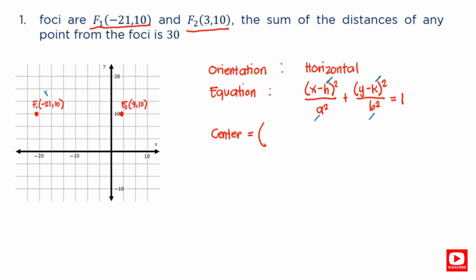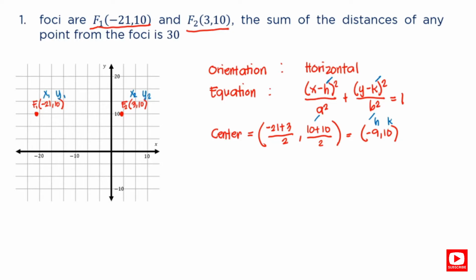Suppose this is x sub 1, this is x sub 2, this is y sub 1, this is y sub 2. Therefore, we have x sub 1 plus x sub 2, that is -21 plus 3 all over 2, and y sub 1 plus y sub 2, that is 10 plus 10 all over 2. And this is equal to (-9, 10). So we now have the center, (-9, 10). So our h is -9, our k is 10.